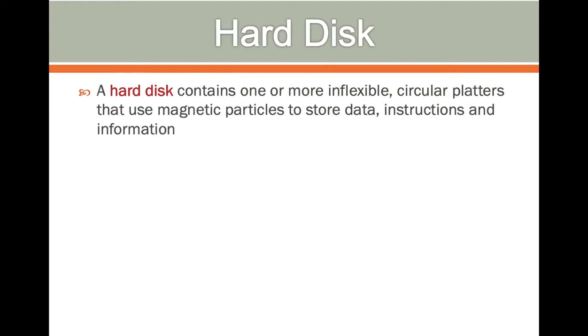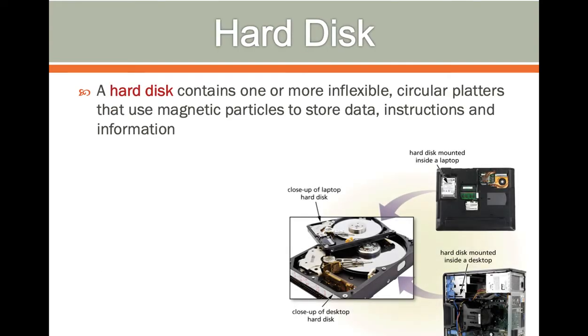Hard disk. A hard disk contains one or more inflexible circular platters that use magnetic particles to store data, instructions, and information. As you can see, a hard disk is mounted inside the laptop. This is a hard disk inside a laptop, and a close up image.